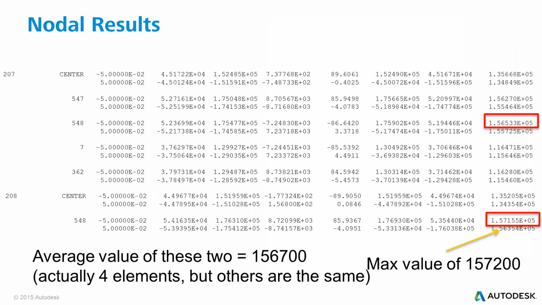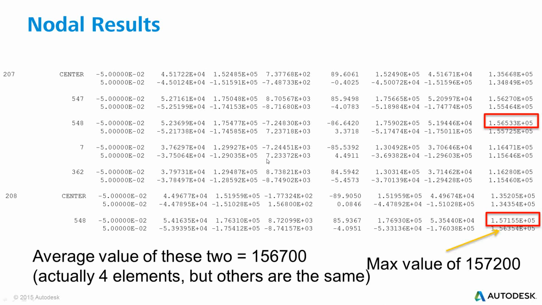And speaking of what Nastran actually gets, we were interested in node 548. That was the one of interest here. And elements 207 and 208 are above and below each other. There's two other elements on the other 90-degree section, but everything is symmetric, and so those two elements are the same. So when I did the average, it looks at 548 from element 207, it looks at 548 from element 208, and it averages the two of them together, and it comes up with 156,700, which is the value we got up there.